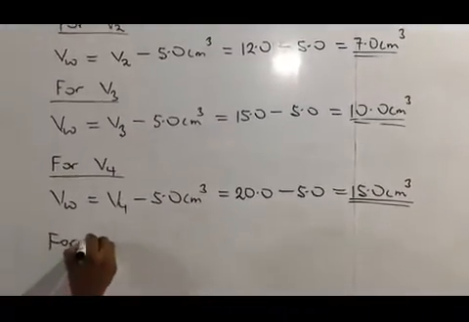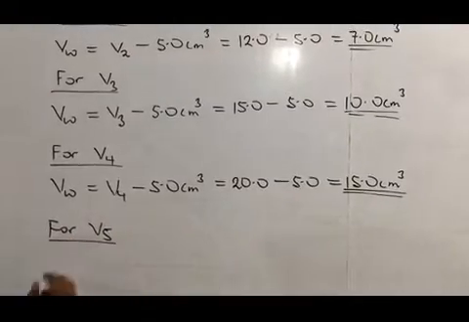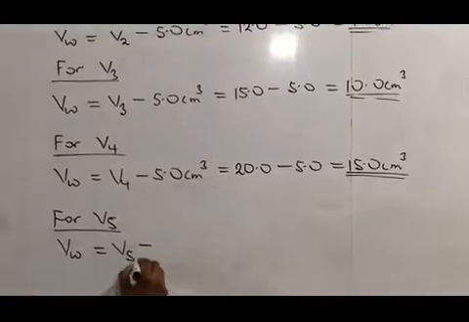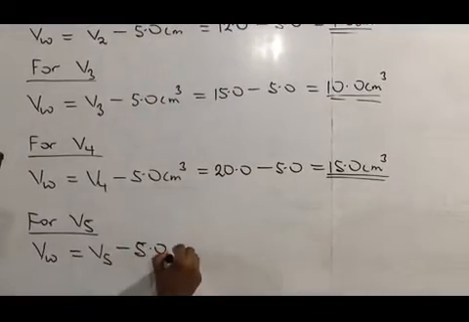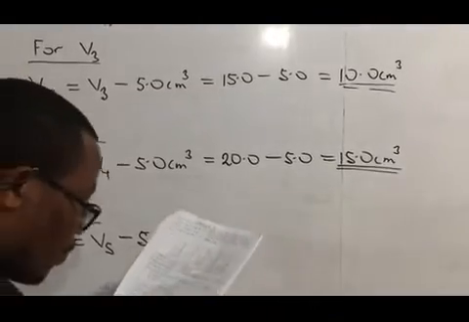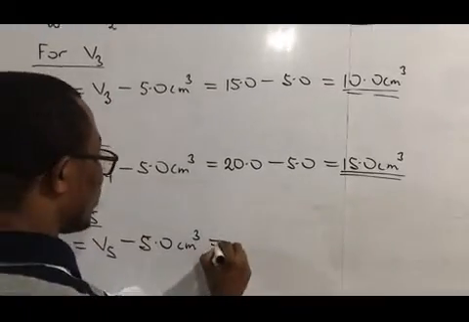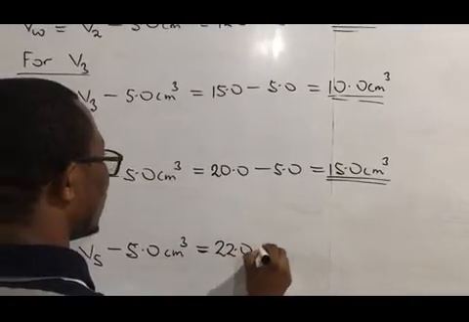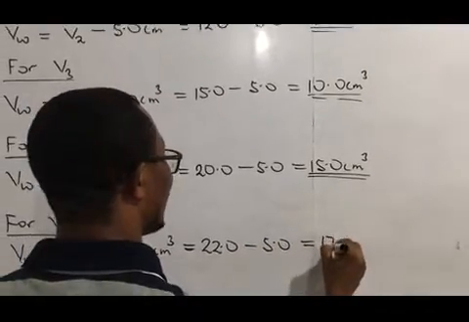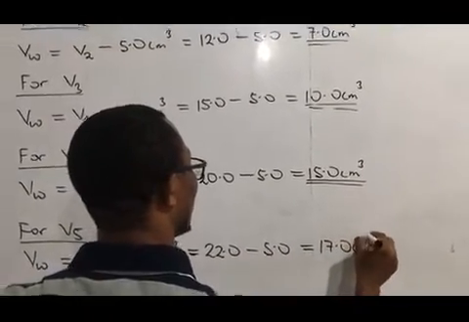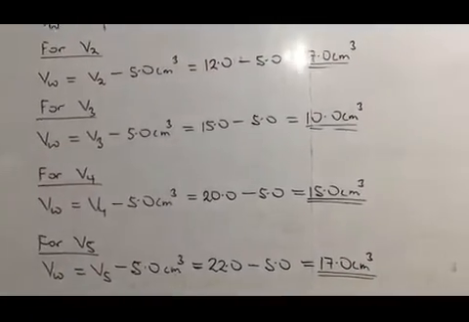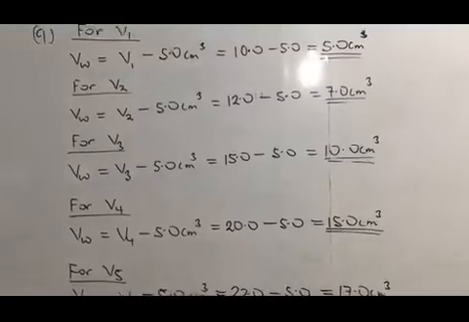And then the last one, for V5, the volume of water added will be V5 minus 5.0. In the diagram, your V5 is pointing to 22. So that will give you 17.0. Okay, so that is for A.